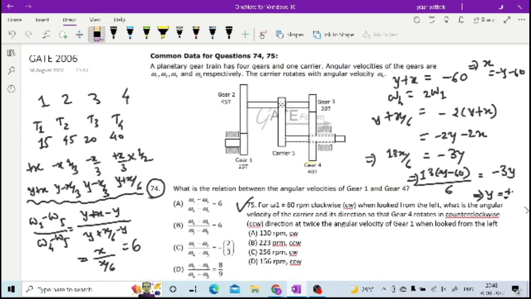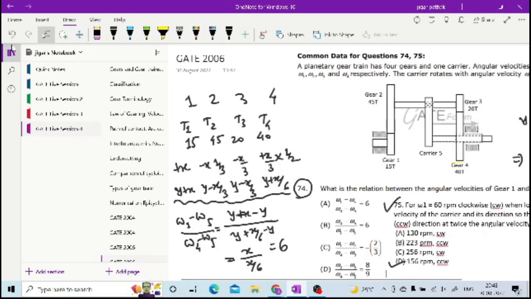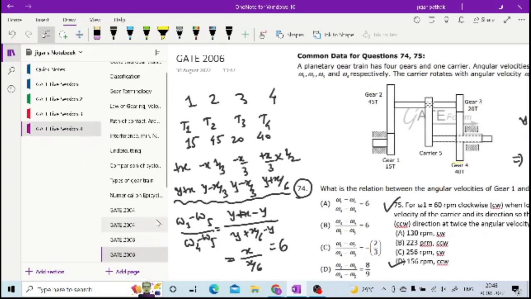Can you check now? From this y can be plus 156, so that is why counterclockwise. So can you see this one, everyone? Yes, sir, but it's coming minus 156.